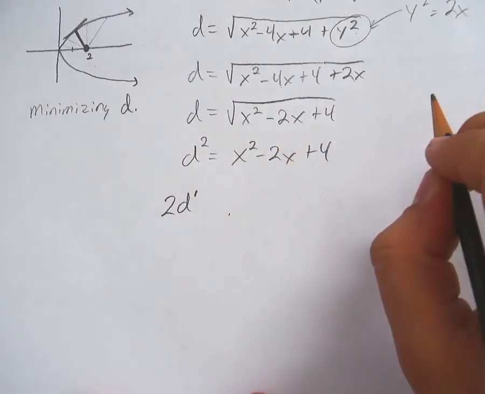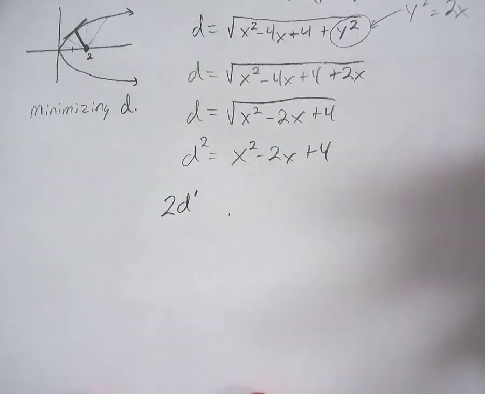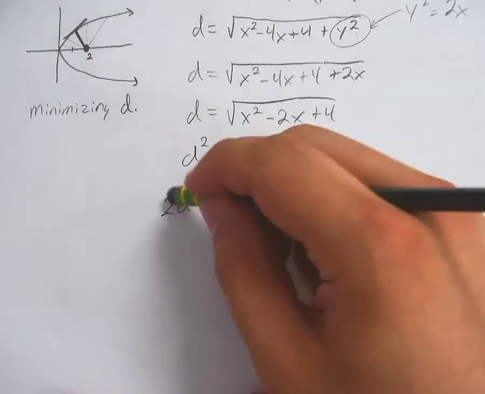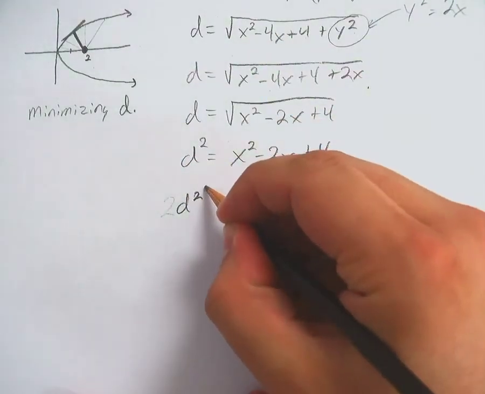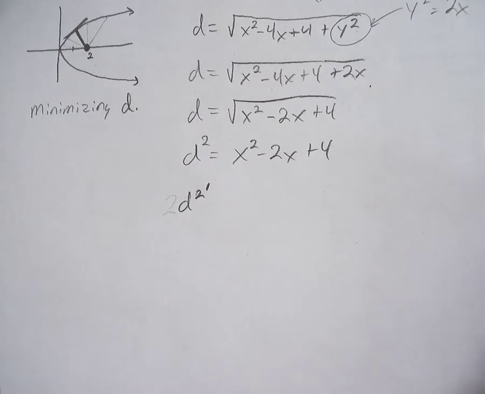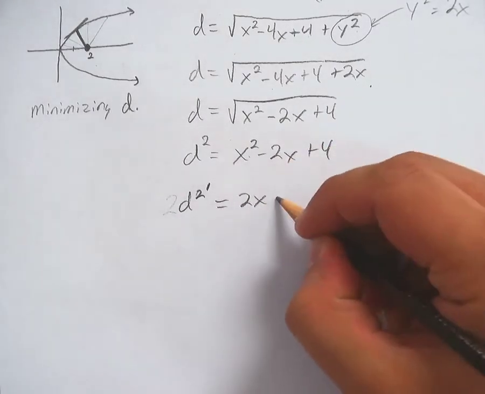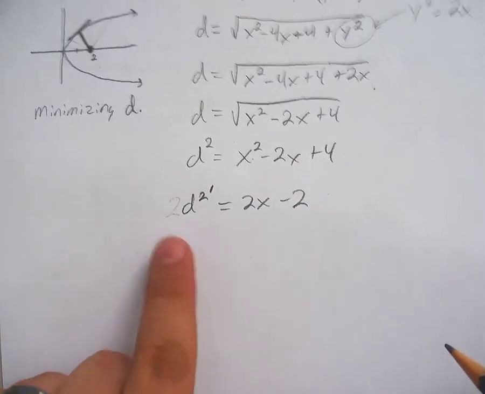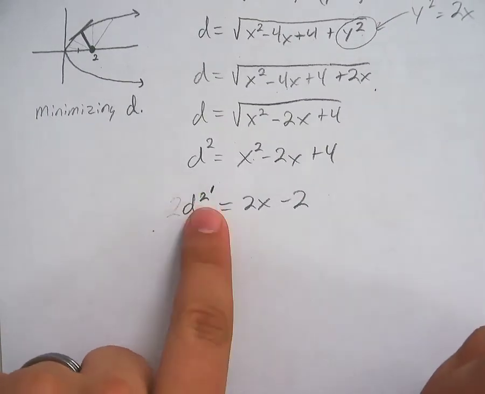Don't worry about the implicit stuff or the other variables. It's 2d prime basically. Or you could even think of it as, forget the 2, just think of it as d squared prime is equal to 2x minus 2. The derivative of this, I'm trying to set to 0.